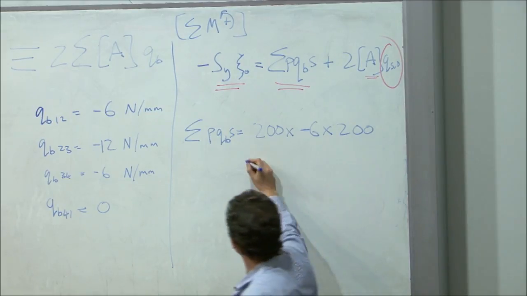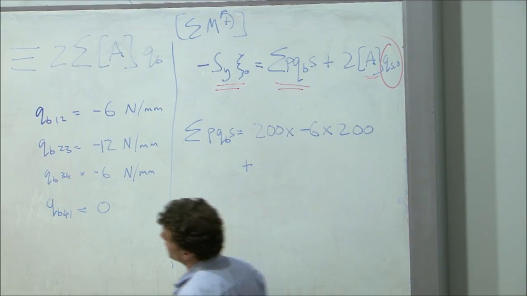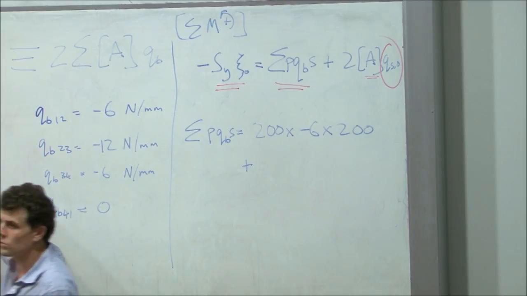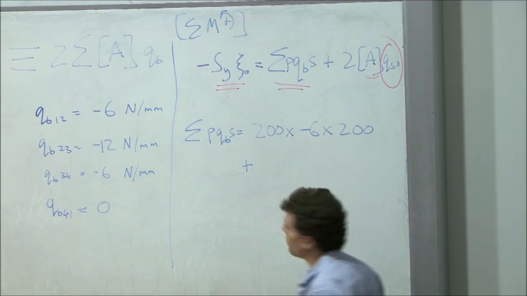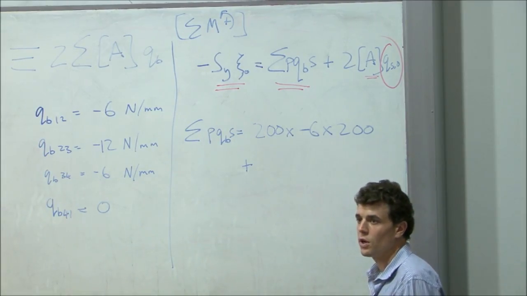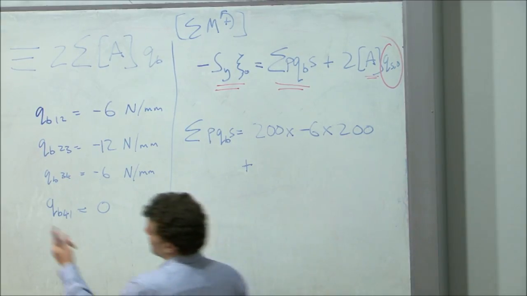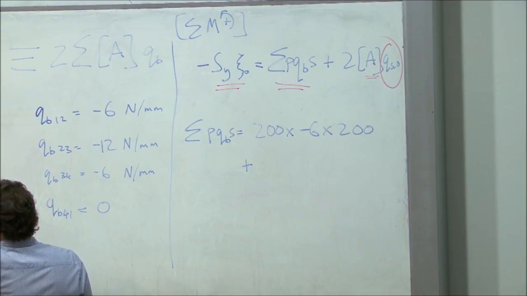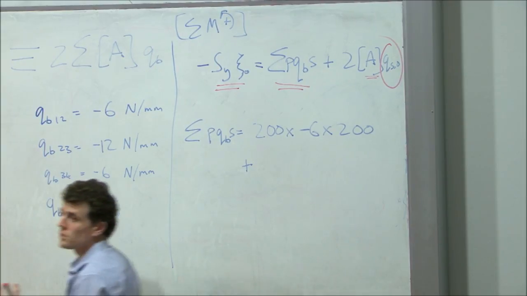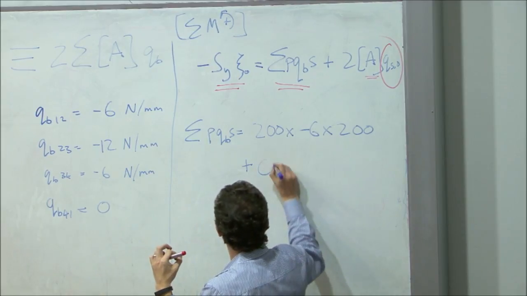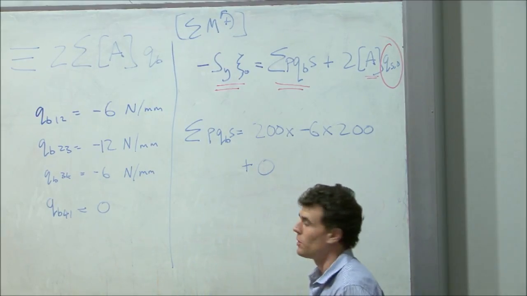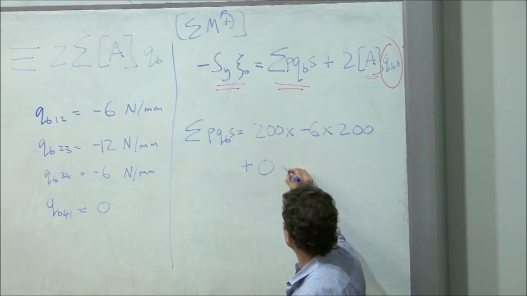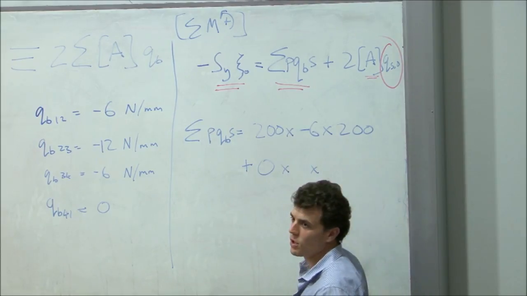The second term is for our QB23. What's the moment arm for 23? If we're taking moments about this point and we've got a shear flow acting in this web, there's zero moment arm. So we've got no moment arm there at all. So it doesn't matter what's in the rest of the term, it's zero.